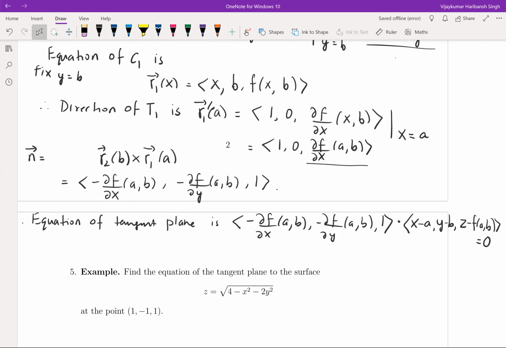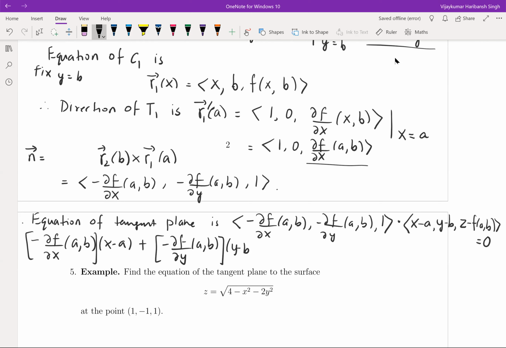Okay, so now when we simplify this, when we multiply it out, we get minus of dou f by dou x of AB times x minus a. So let's keep this in a big bracket. My plus minus of dou f by dou y of AB times y minus b plus z minus f of AB times 1 equals to 0.